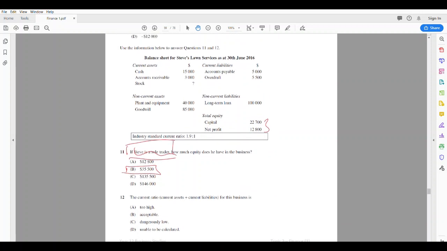But now let's do the current ratio. We need to find out our current assets to current liabilities. We also have something missing here, so we've got to calculate our current assets by balancing our balance sheet. So to do that, we need to add everything together. So now it's 35,500.